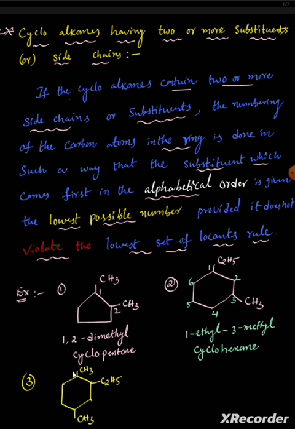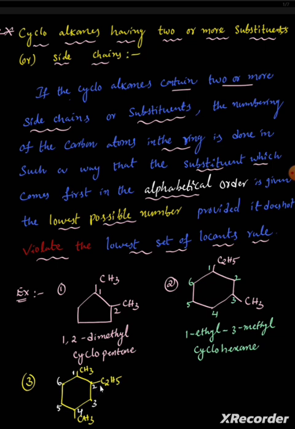See, this is 1, 2, 3, 4, 5, 6. Here we have to follow the lowest sum value also. That's why here 1, 2, 4. 1 plus 2 plus 4, 7 is the lowest sum value.